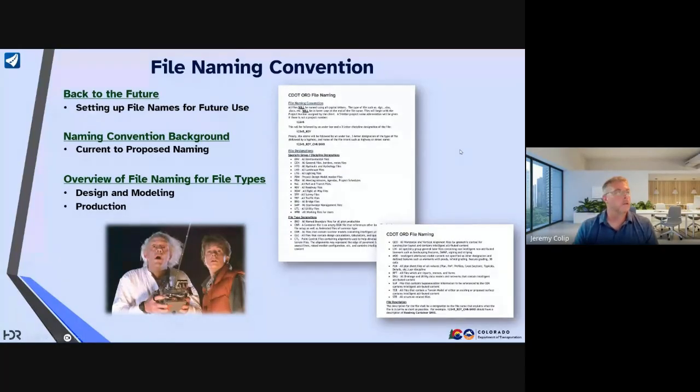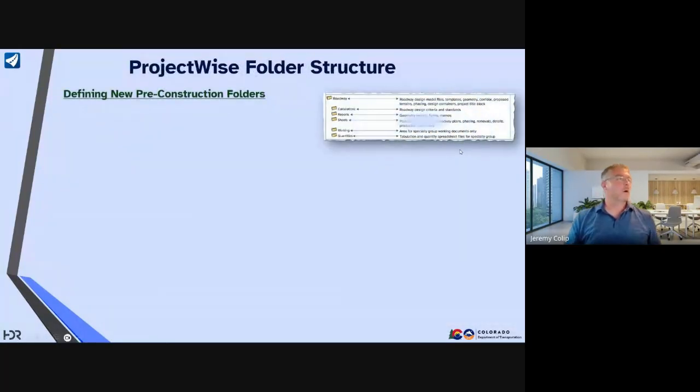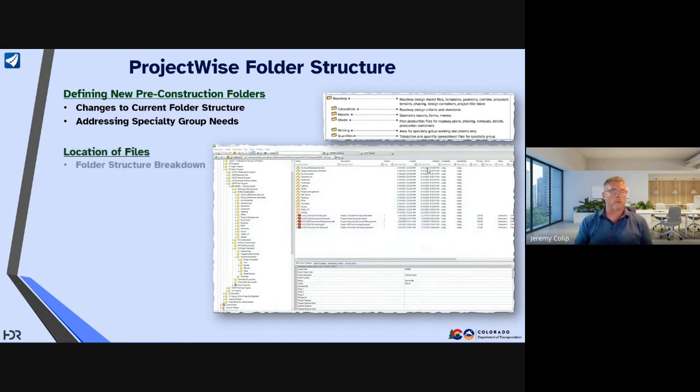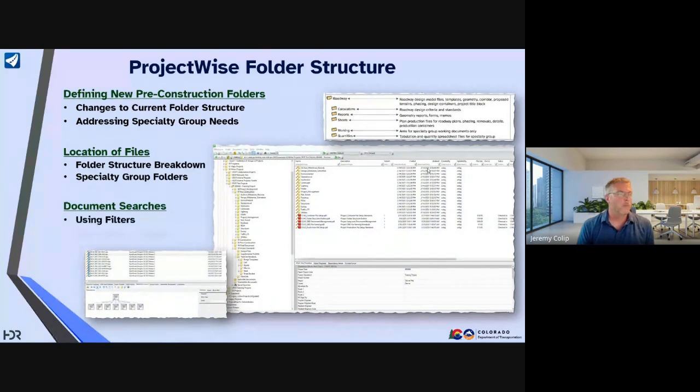All right. So on to ProjectWise folder structure. Again, we'll be working with the regions, with everyone as we're going through the CAD manual on this. What we've really done is taken a look at how the structure was done over a decade ago, how those things were pulled together, how we all used to work in that, and then looking at, okay, what does it mean with digital delivery?